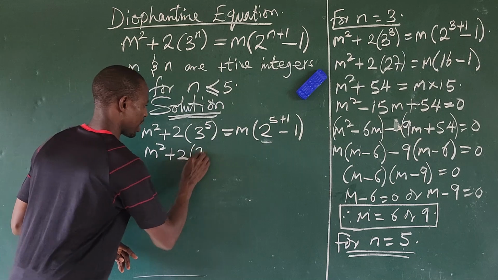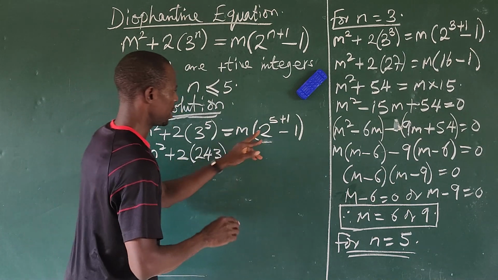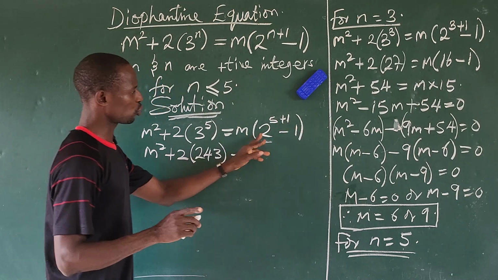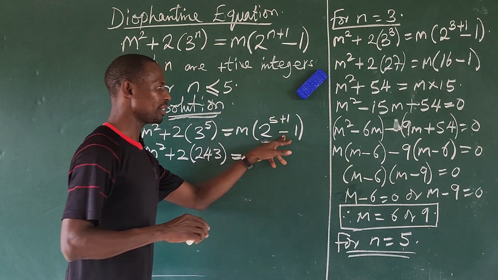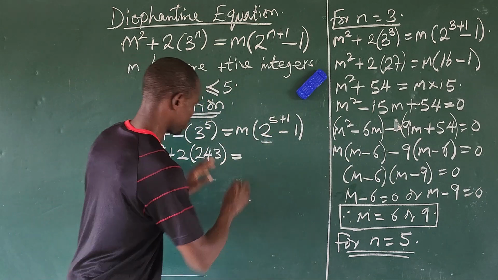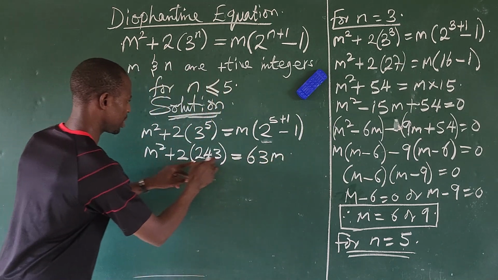Yeah, 243. So we have 243 close bracket equal to, now if we add this 5 to this one, that will give us 6. So 2 to the power of 6 will give us 64. Now 64 minus 1 will give us 63, right? So we're going to have here 63m.